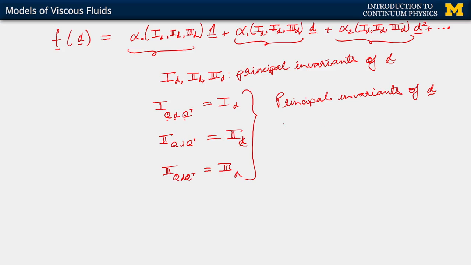Principal invariants of d are invariant for all q belonging to SO3. Right? Otherwise, we would have a situation where the alphas would change under rigid motions, right? And you would have scalar coefficients in your constitutive relation for the viscous stress that would change with rigid motions. Okay?